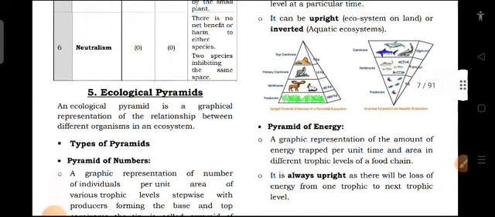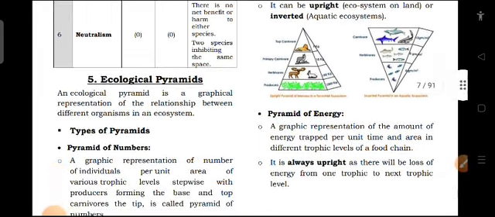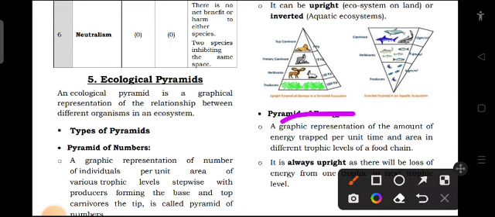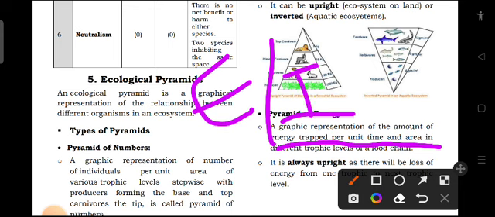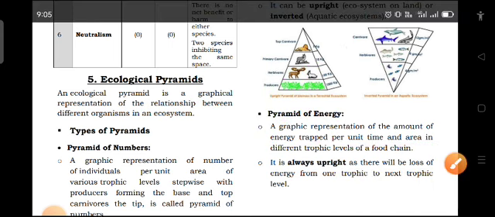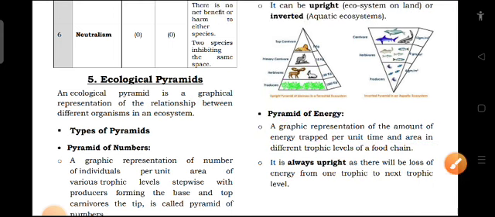Next pyramid is the pyramid of energy. So this is also a graphical representation of the amount of energy trapped per unit time and area. How much energy is trapped per unit time, per unit area. This is called the pyramid of energy.